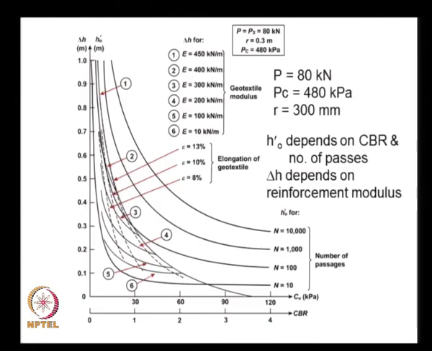And for the case of a geosynthetic reinforcement, Giroud and Noiray have worked out the solutions and given the thickness in terms of the CBR value on the x axis.